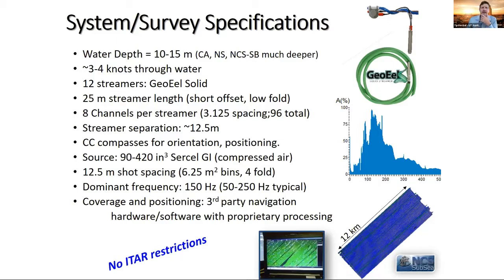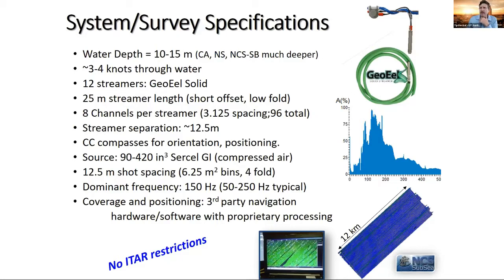So that's a lot of interesting things to explore. We're typically in about the 150 hertz dominant frequency. We're using solid GeoEel streamers, which helps with the permitting. They're not oil filled. We don't have any ITAR restrictions, so we can take this system internationally, and we've done that. I'll show you a quick example.